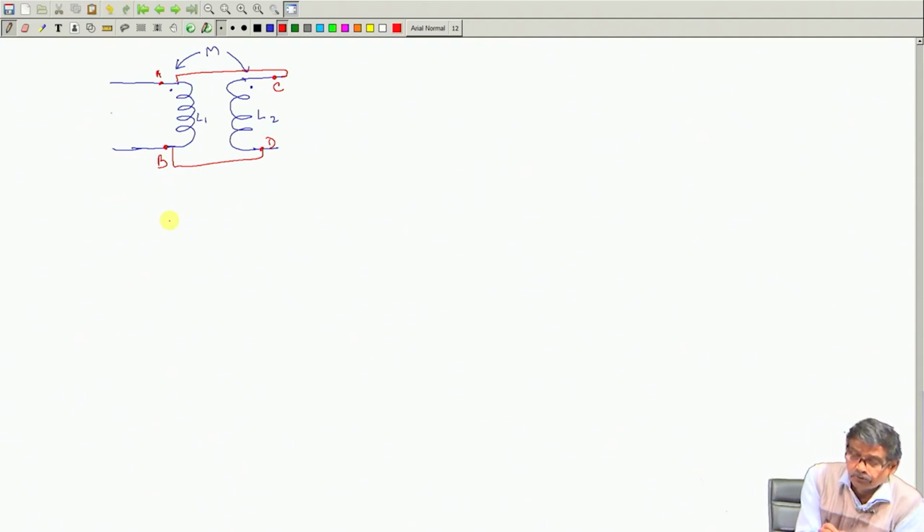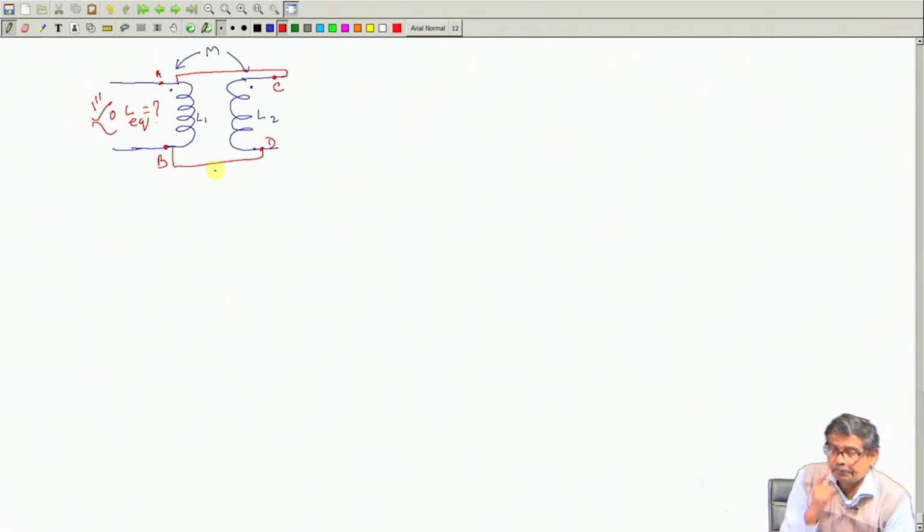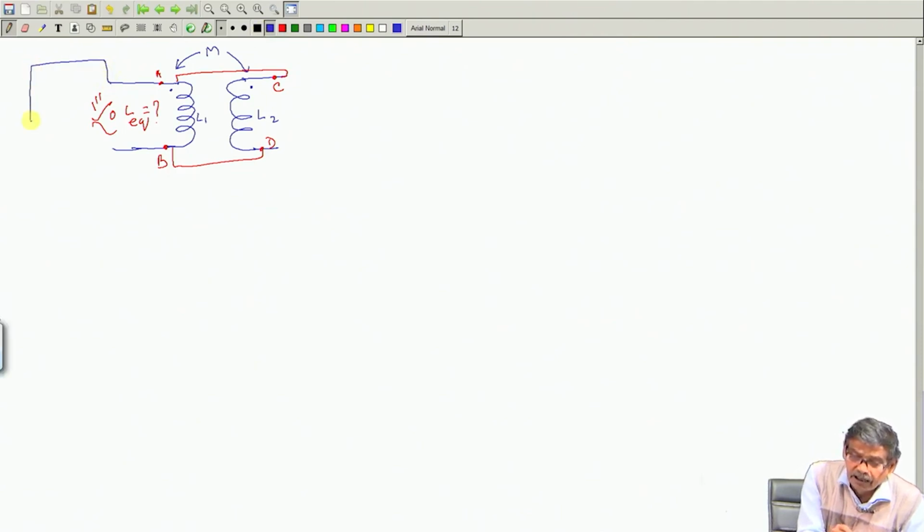I want to find out what L equivalent is for this parallel combination. I am assuming the coils have no resistances. Across this parallel combination, I will connect an AC voltage source V t.